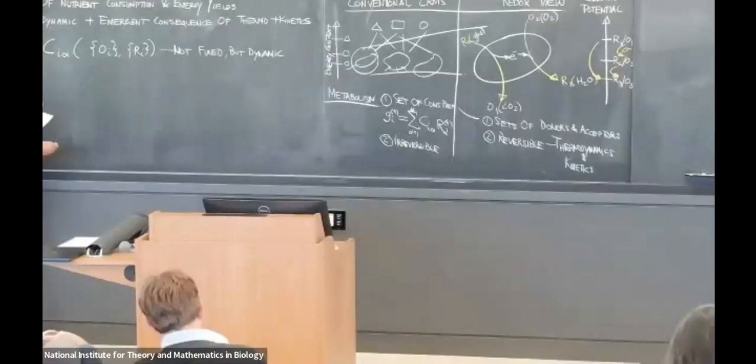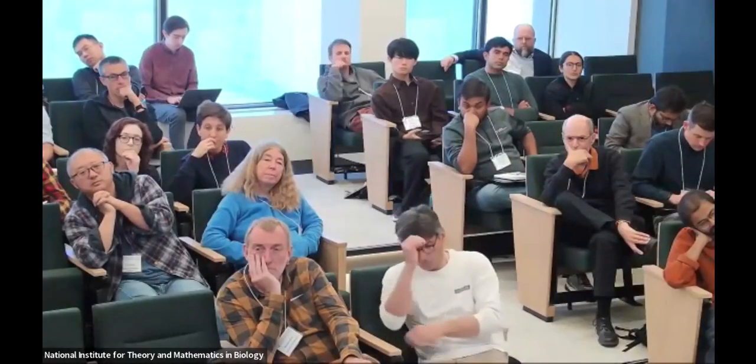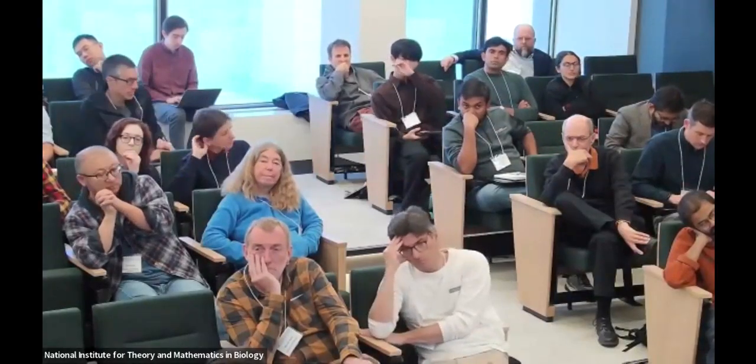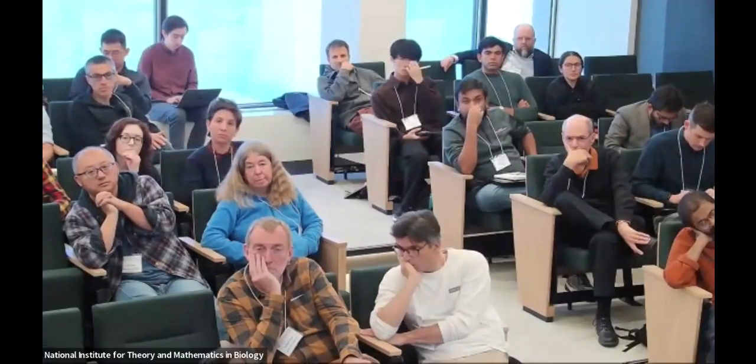So what we discussed so far is this net reaction, R1 plus O2 going to R2 and O1. What we also learned is that this is fundamentally a reversible reaction.